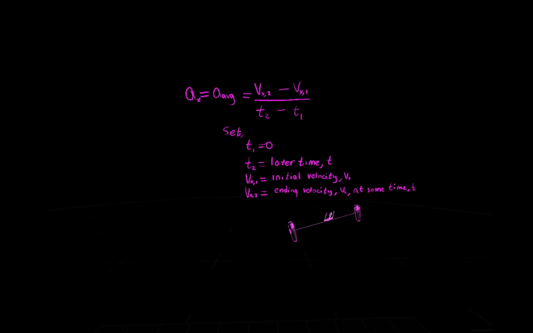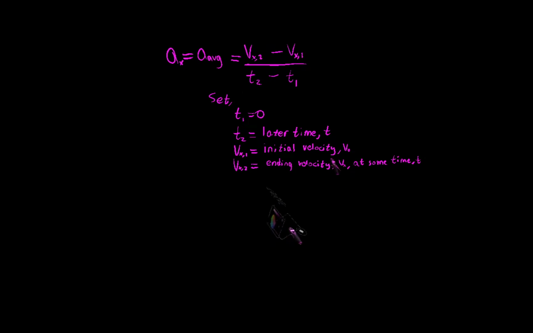So given all this, we can take our equation for acceleration up there and simplify it a little bit and say acceleration in the x direction is equal to vx minus v naught divided by t minus 0.